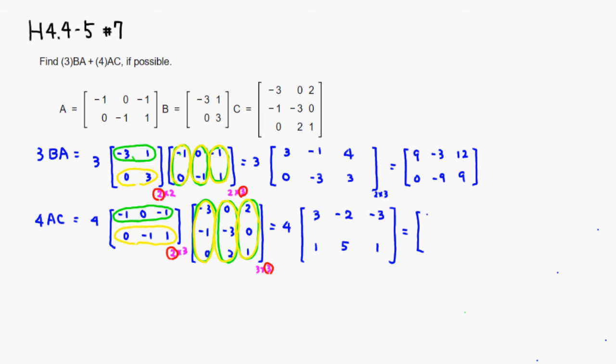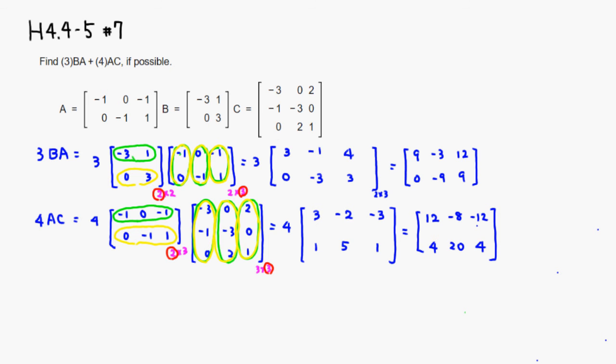So 3 times 4 is 12, and negative 2 times 4 is negative 8. Negative 3 times 4 is negative 12, and 1 times 4 is 4. 4 times 5 is 20, and 4 times 1 is 4.